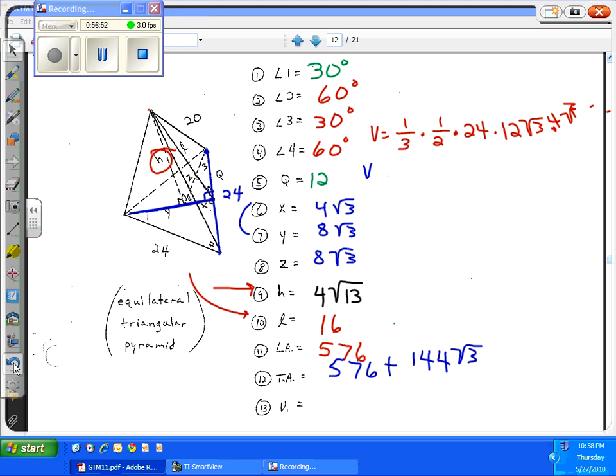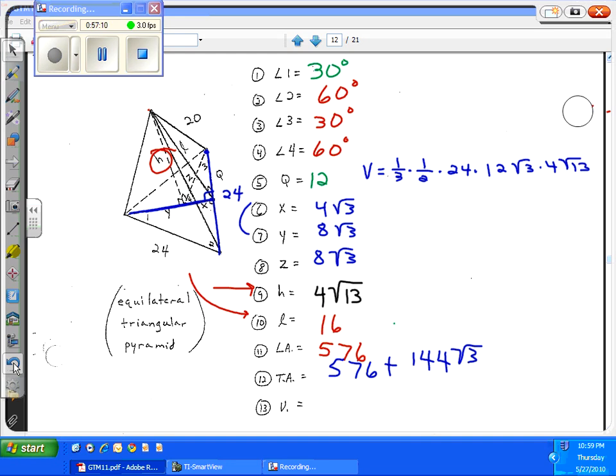Let me rewrite it because it's not going to work over there. 1/3 times 1/2 times 24 times 12 square root 3 times 4 square root 13. Okay. 1/3 area of the bottom, which was 1/2 base times height, times height of pyramid.